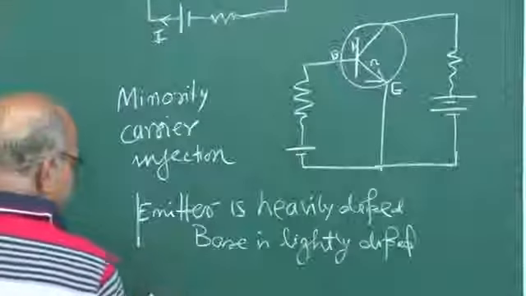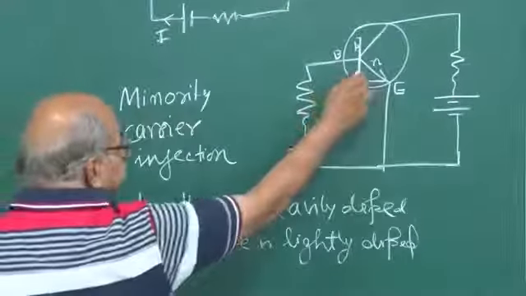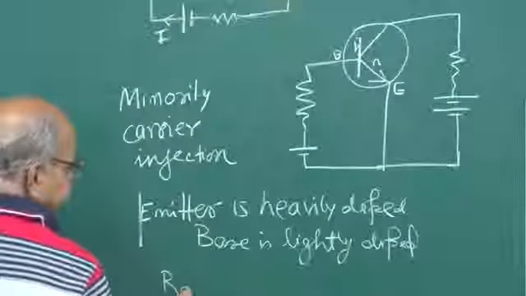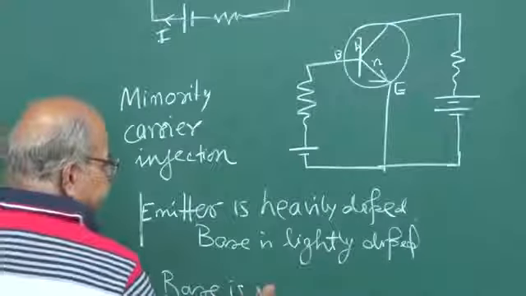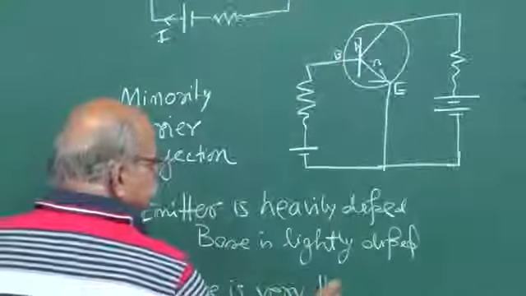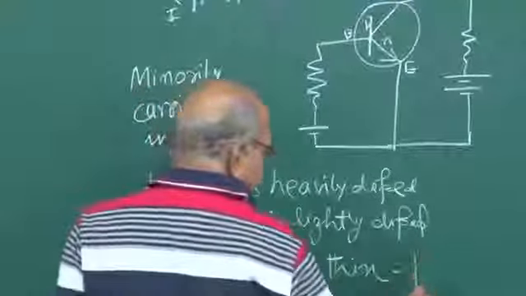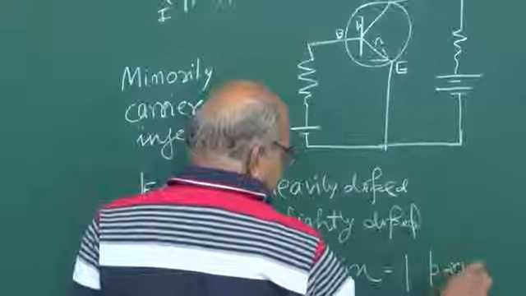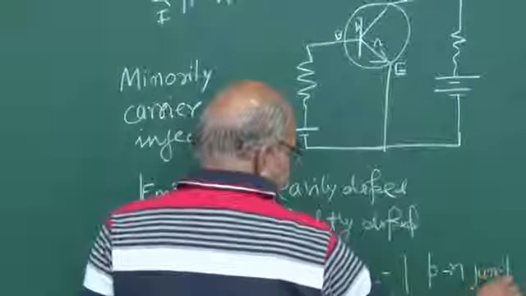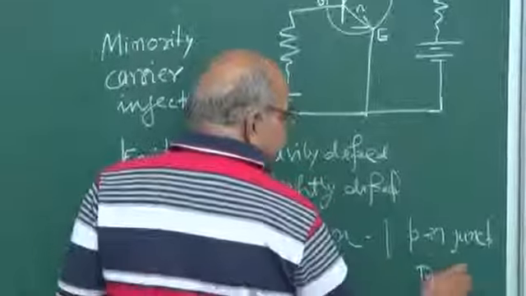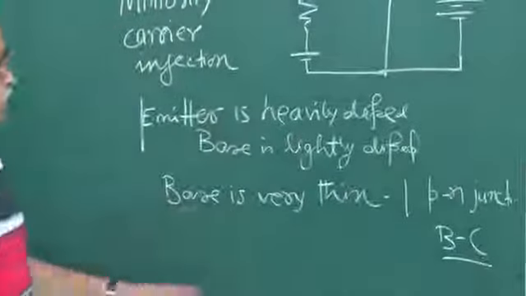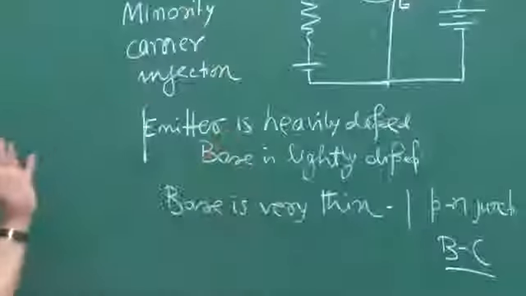And the other thing is this base is very thin, and after that you have another PN junction. Which PN junction? Base collector. Base collector junction is right there.